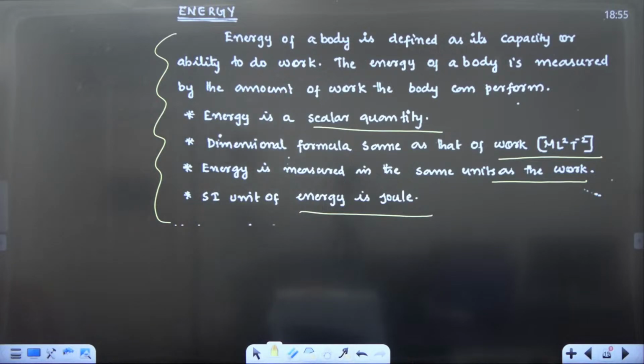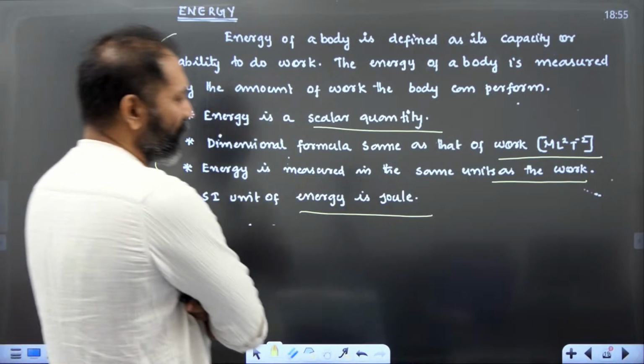Please note down energy. Energy is the capacity or ability to do work. It is the amount of work a body can perform. Energy is a scalar quantity. Dimensional formula ML squared T raised to minus 2. Energy is measured in the same unit as that of work done.